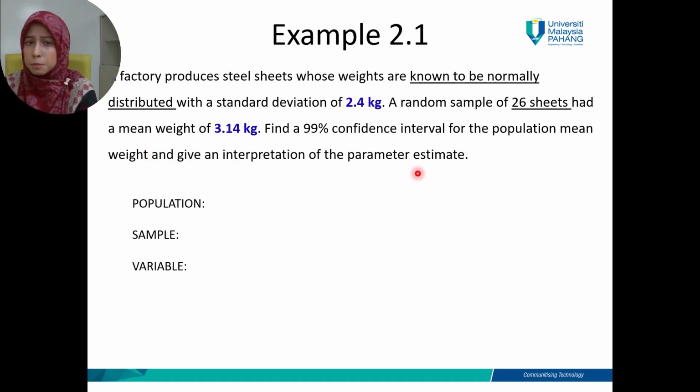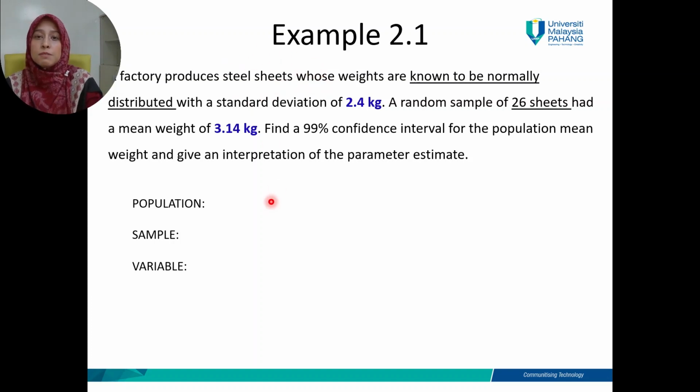Now class, before you even attempt to answer the question, the instruction is for you to find the 99% confidence interval to estimate the population mean weight, the weight of the steel sheets.